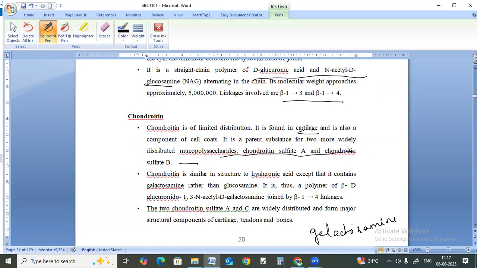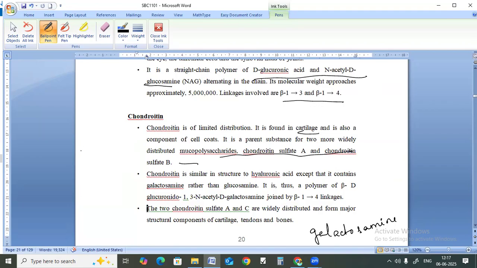Okay, that means here this is also a unit that is consisting of the units of galactosamine rather than the glucosamine. And it is called as the beta D glucuronido 1,3 N-acetyl D galactosamine.